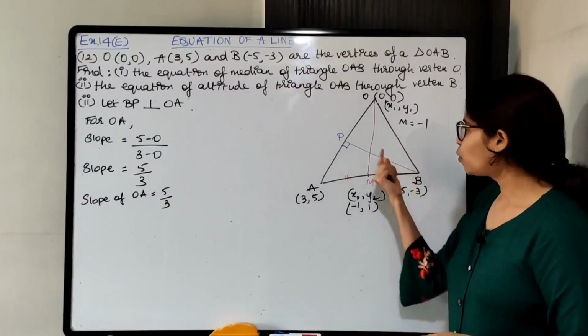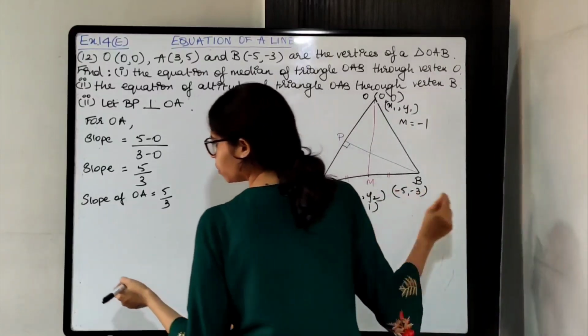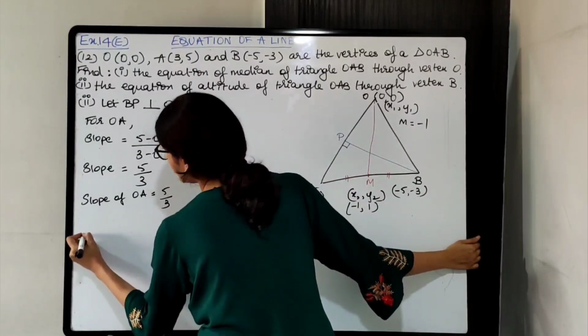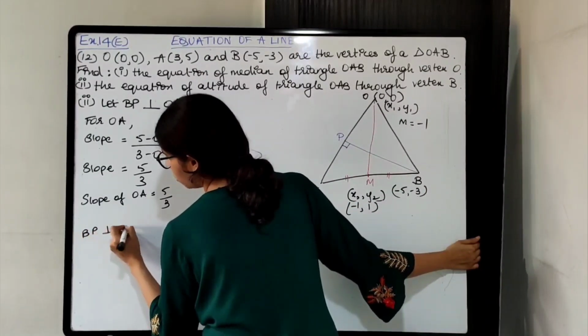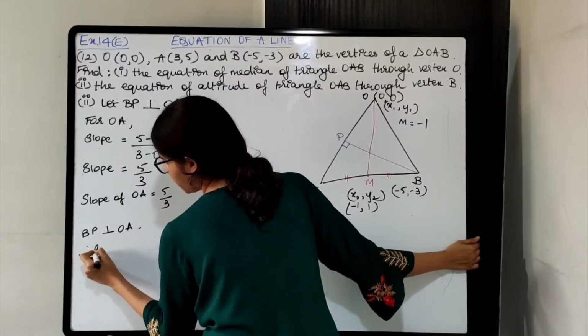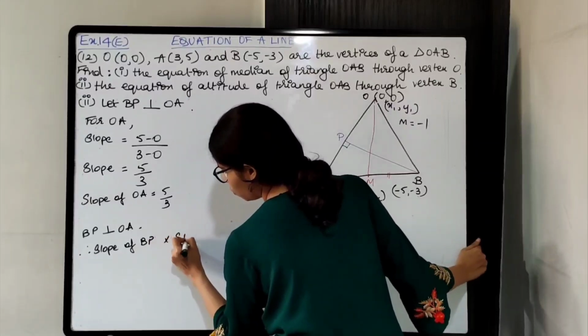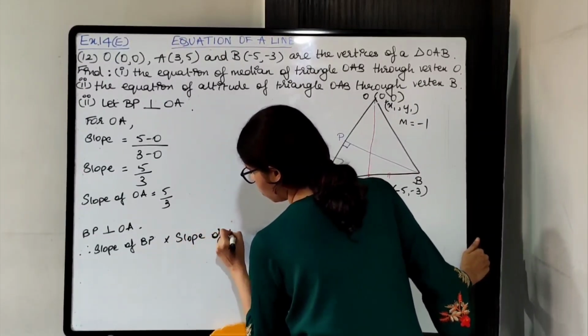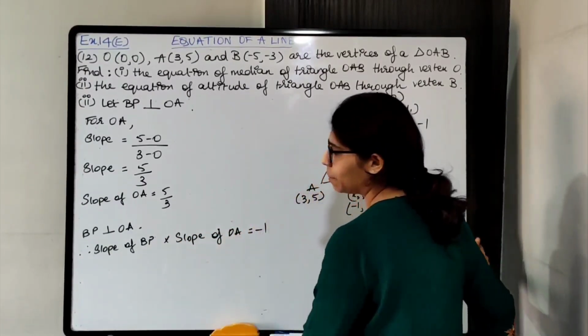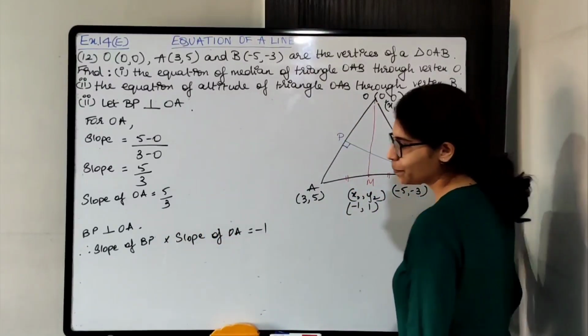Now we'll find slope of BP. So we know BP is perpendicular to OA, therefore slope of BP into slope of OA is equal to -1. Perpendicular lines, है ना?